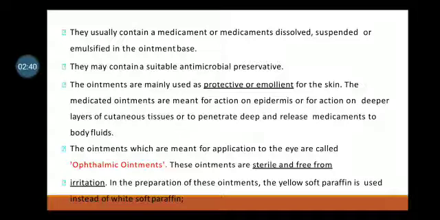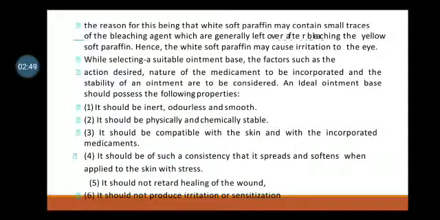In the preparation of these ointments, the yellow soft paraffin is used instead of white soft paraffin. The reason for this being that white soft paraffin may contain small traces of the bleaching agent which are generally left over after bleaching the yellow soft paraffin.